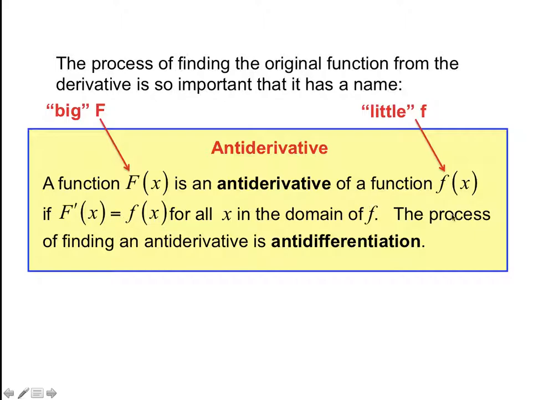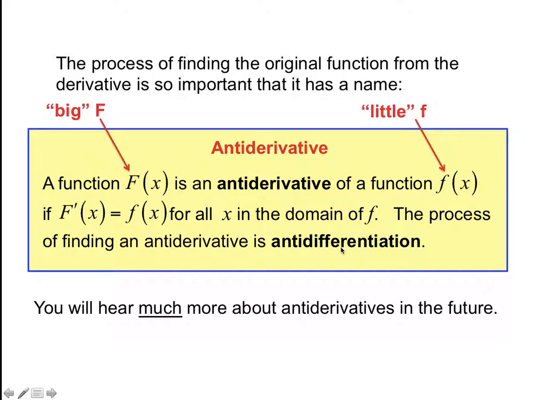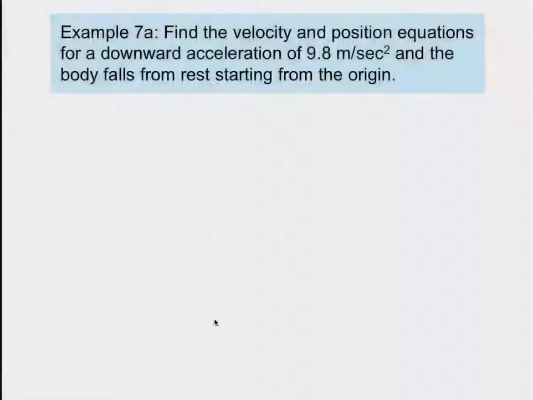That process is called finding the antiderivative, or we sometimes just call it antidifferentiation. Like I said, you'll hear a lot more about this second semester. This is just an introduction to start setting the foundation, so to speak.